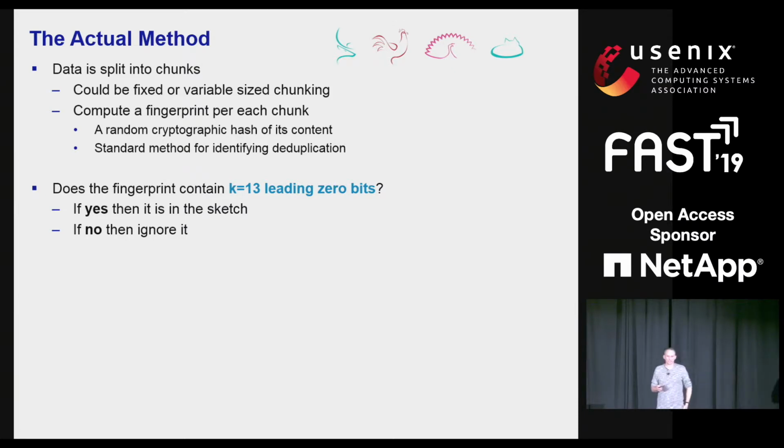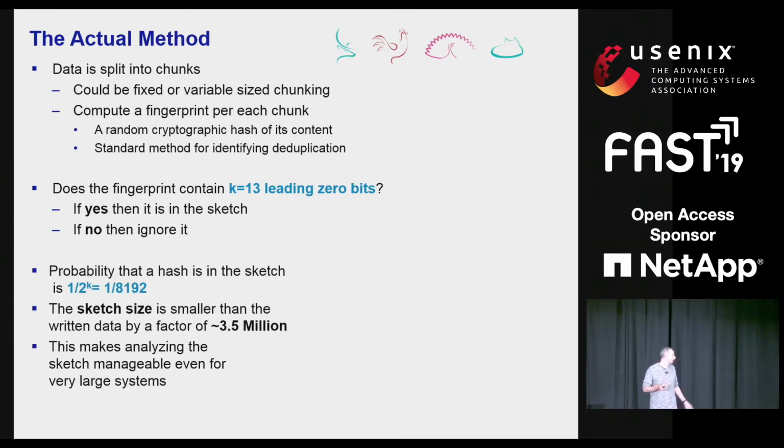What this means is that the sketch is looking at a fraction that, on average, is 1 over 8,000 of the data in the system. If we do the math, the sketch size is smaller than the written data by a factor of 3.5 million. And now it's manageable. Now we can actually do analysis on it because it's become not big data.